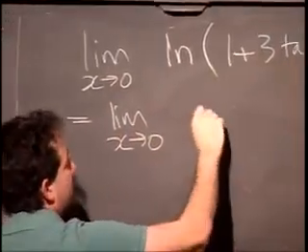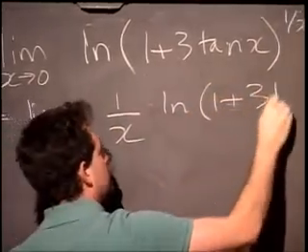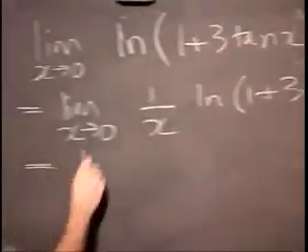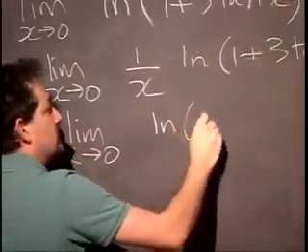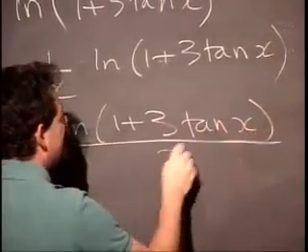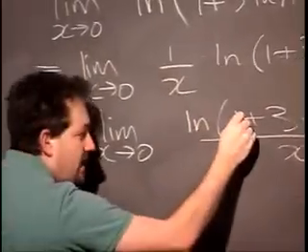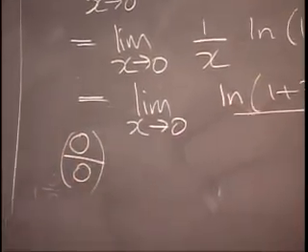Well, the 1 over x comes out the front. And actually, it's already a fraction. We don't even need to do this rigmarole of dividing. We can just rewrite it as log of (1 plus 3 tan x) over x. And now, if you plug this in, again, you get log of 1, which is 0, over 0. So this is just a 0 over 0 form.